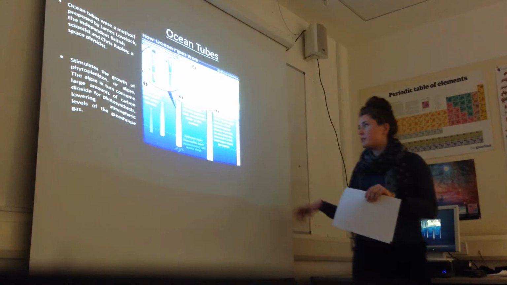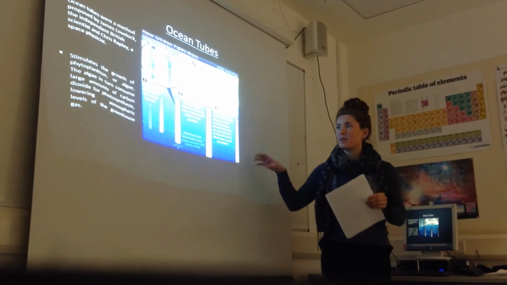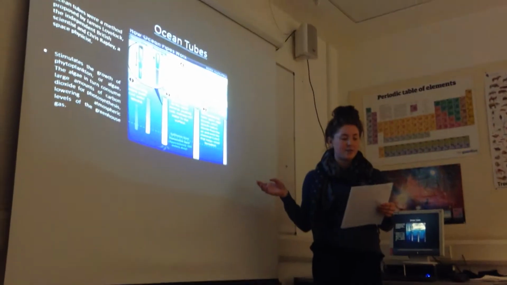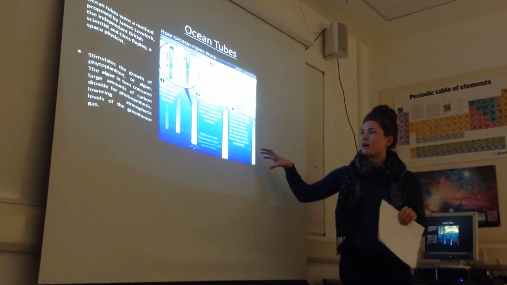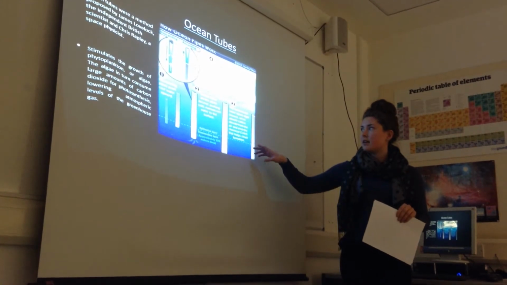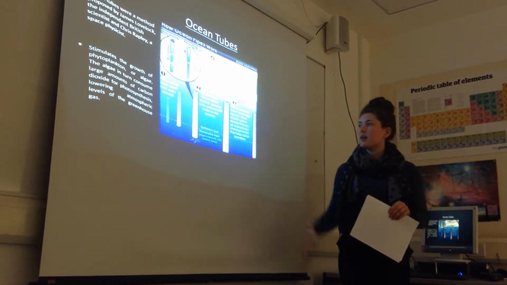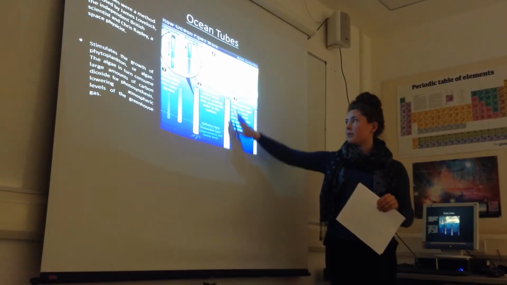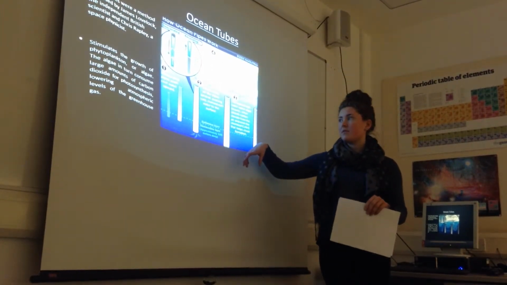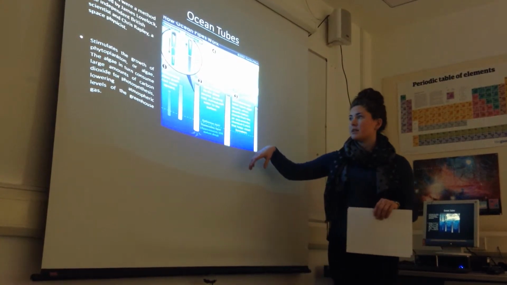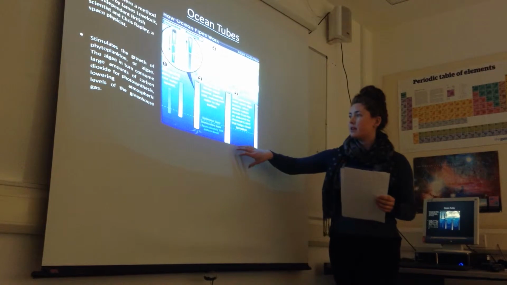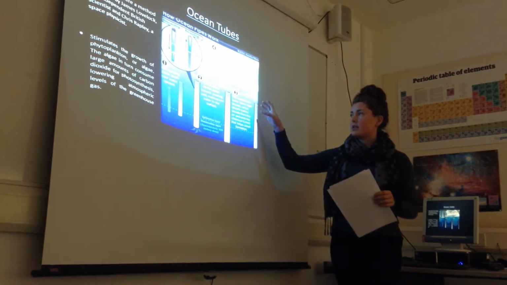So these tubes basically sit within the ocean, and they stimulate the growth of phytoplankton and algae on the surface of the oceans. They do this by water circulating up them from the deep depths of the ocean, bringing carbon dioxide rich water and nutrient rich water to the surface.